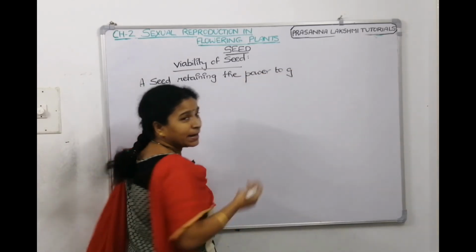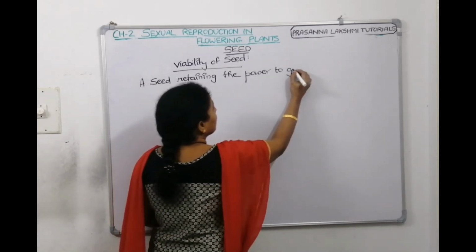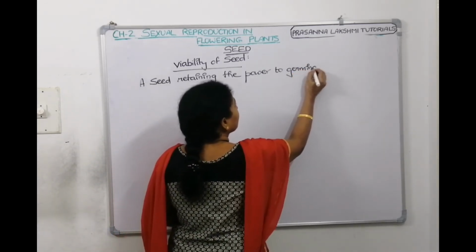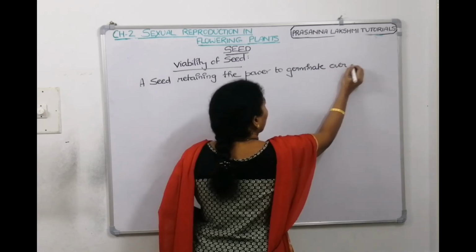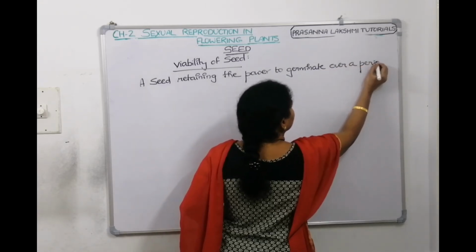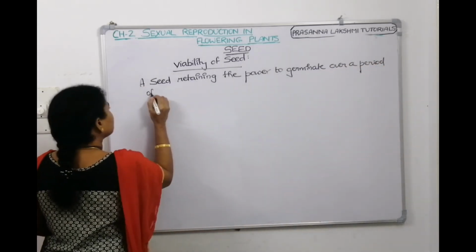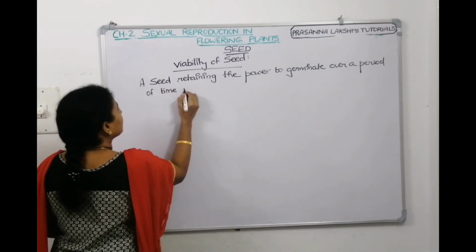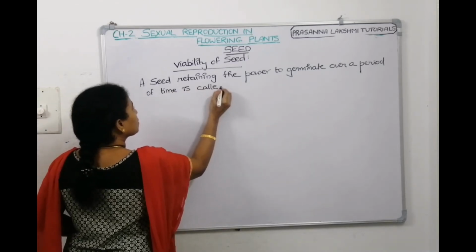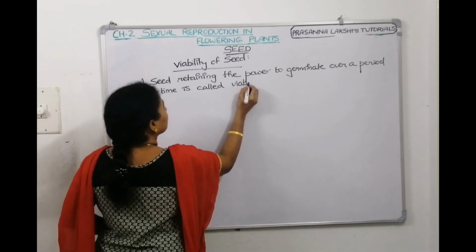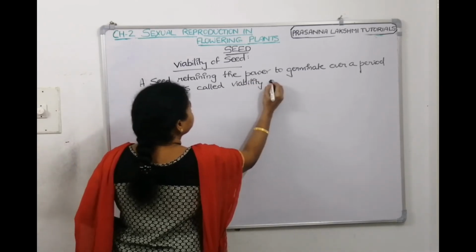If it is viable, if it is living, it can germinate. Retaining the power to germinate over a period of time is called viability. Is called viability of the seed. Right?